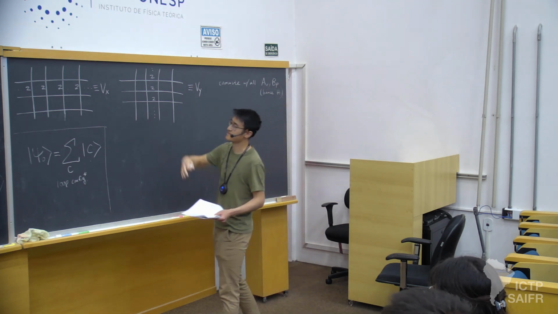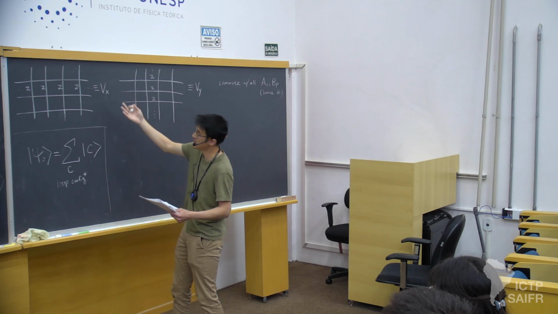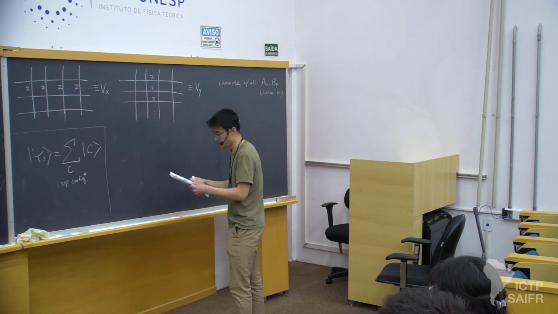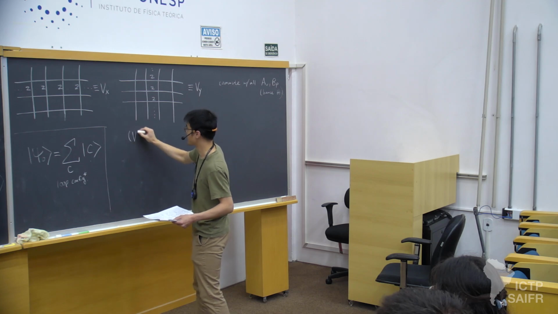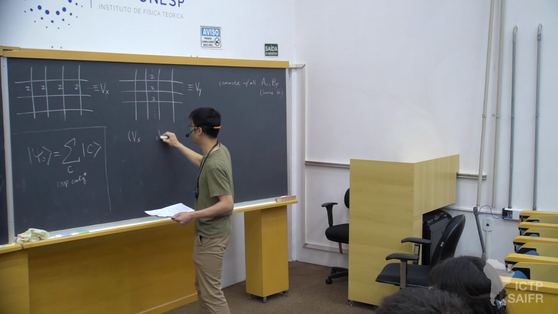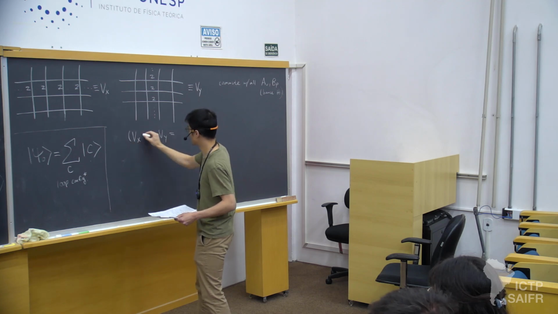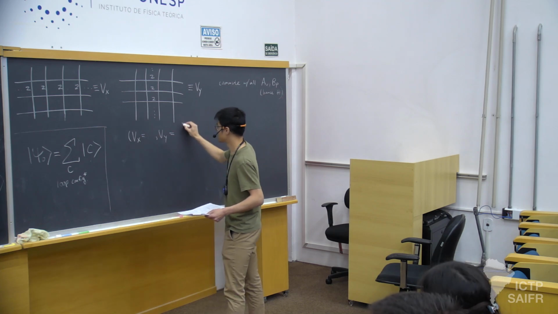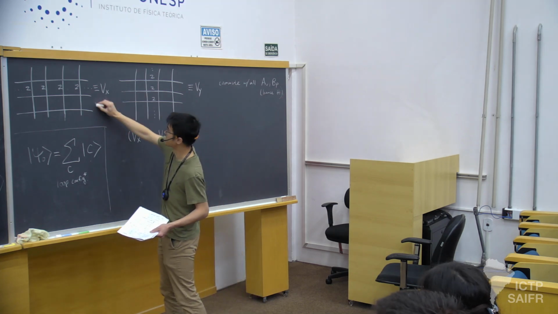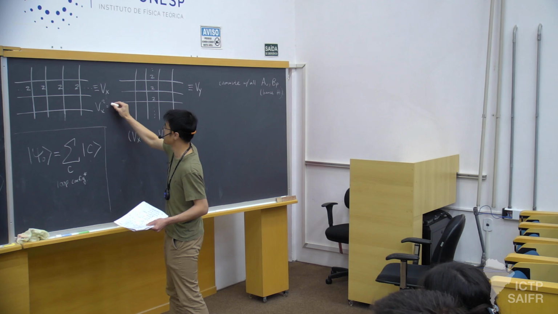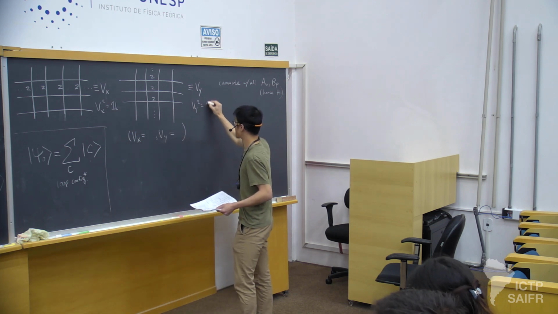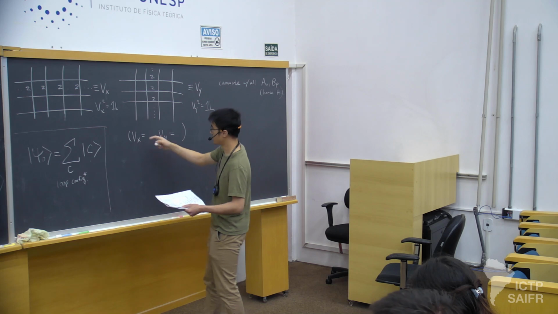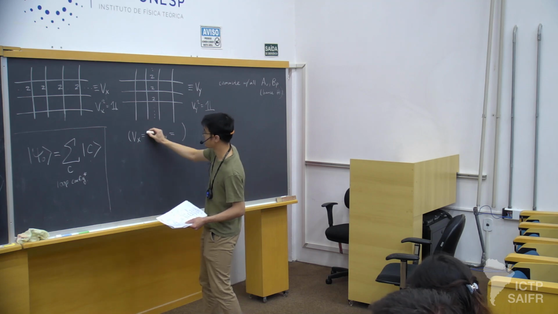V_x squares to the identity, V_y squares to the identity, and so V_x, V_y can take values plus or minus 1.